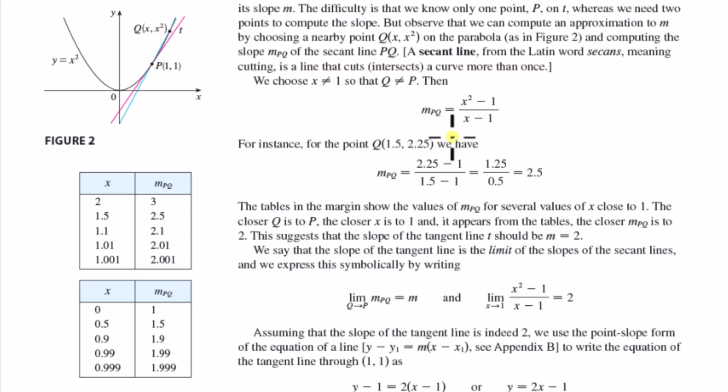MPQ represents the slope of the secant line going through point P and point Q, and as we allow point Q to get closer and closer to point P, from the right side or the left side, we know that the resulting MPQ slope value is definitely getting closer and closer to the slope of the tangent line to the curve at point P. But to think about the literal exact value, M, we have to think about the hypothetical scenario of what happens to MPQ when P equals Q. I'm saying hypothetical because MPQ definitely doesn't exist when P is equal to Q, because you can't divide by 0.